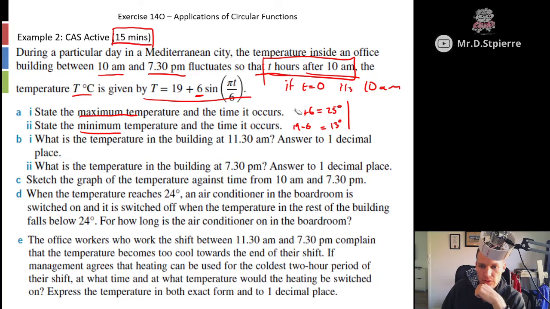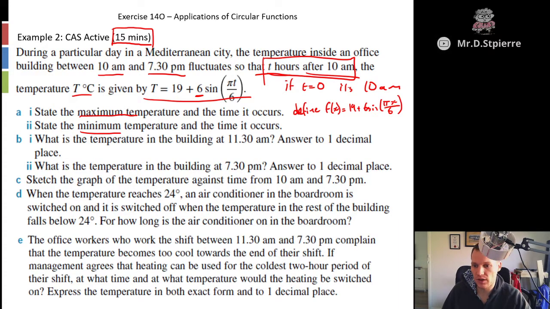Before we go any further, if you're graphing this, and I'm not going to give you the actual solutions because you can just read them off your CAS, on my CAS, the first thing I would have put in is, define f of x in this case is equal to 19 plus 6 sine pi x on 6.